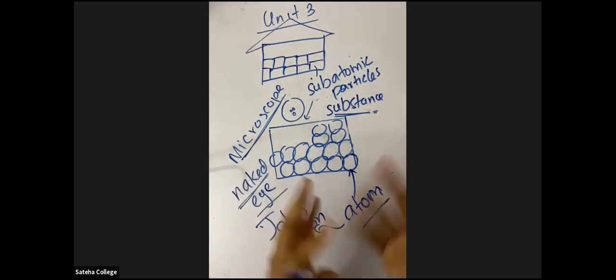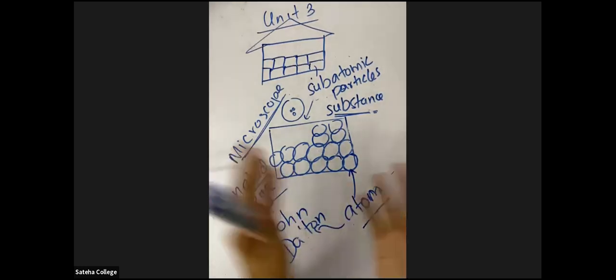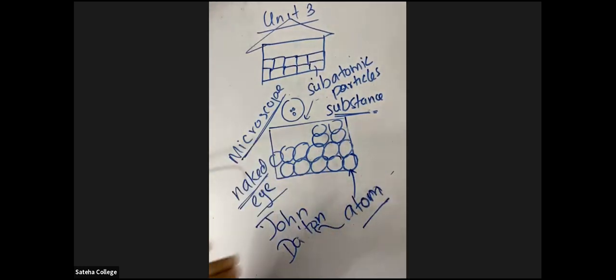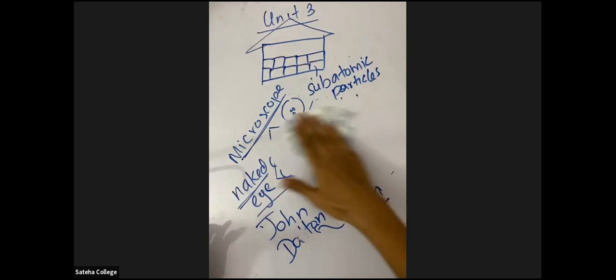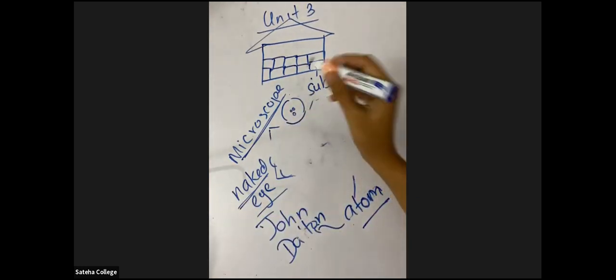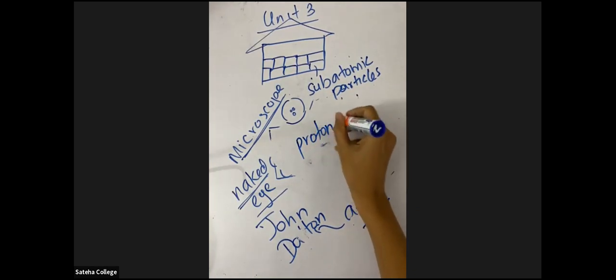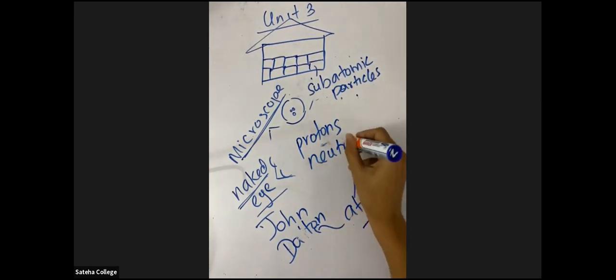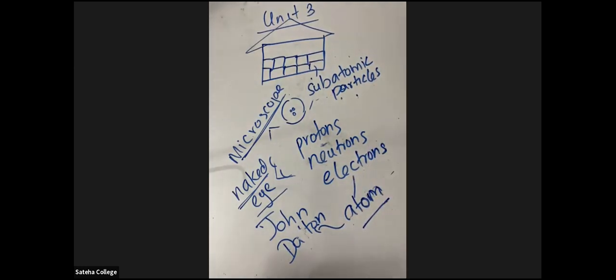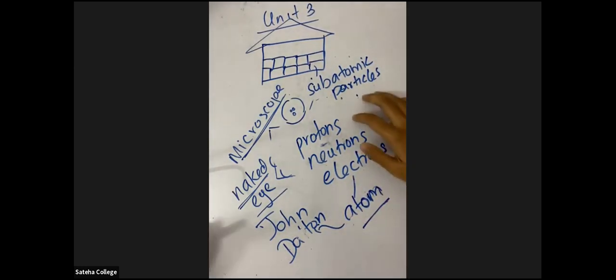Now scientists were finding out what these subatomic particles are. Then three scientists found them and named them protons, neutrons, and electrons.